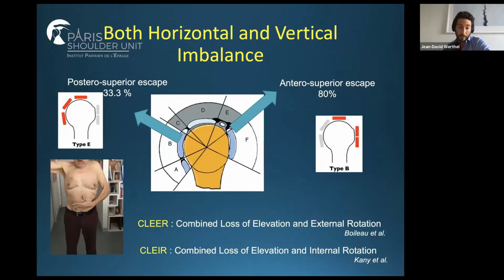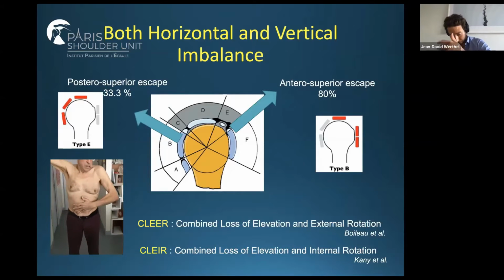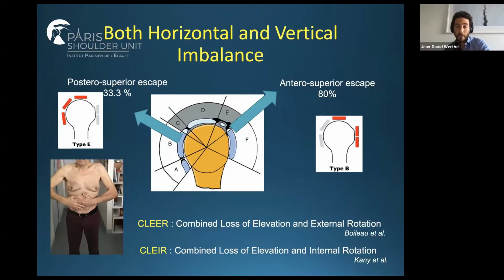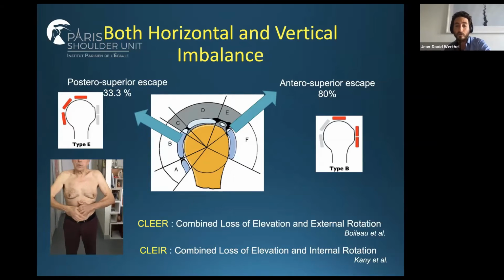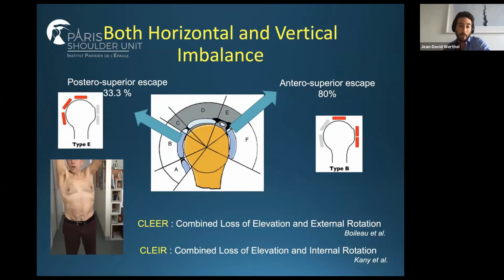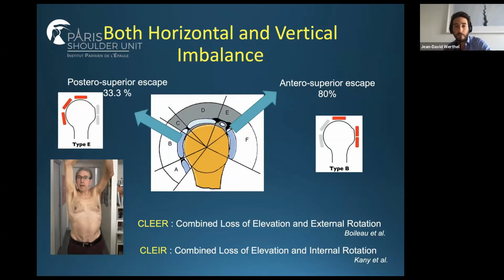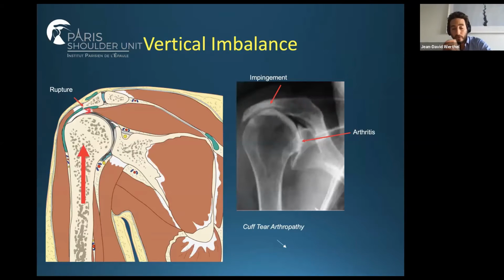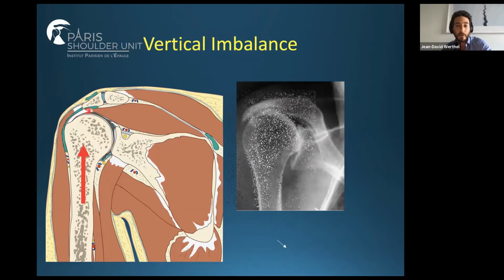Some people also believe that it can happen in the other direction, with the loss of elevation and internal rotation, and this is what we call the combined loss of elevation and internal rotation. Now, if we focus on that vertical imbalance, because we're here to talk about reverse shoulder arthroplasty and not tendon transfers today, if you have a full vertical imbalance and a superior migration of the head, it can end in a cuff tear arthropathy.